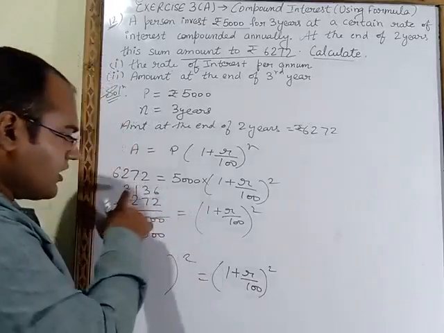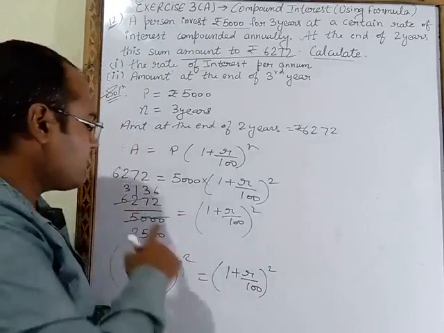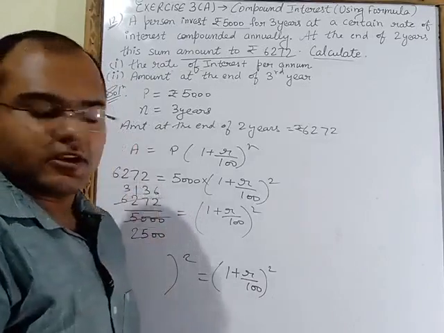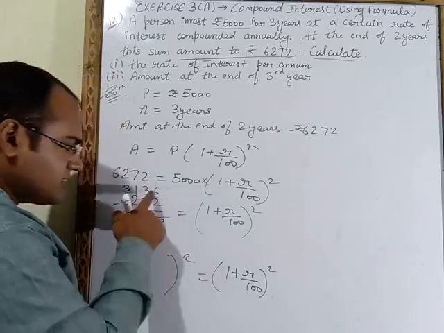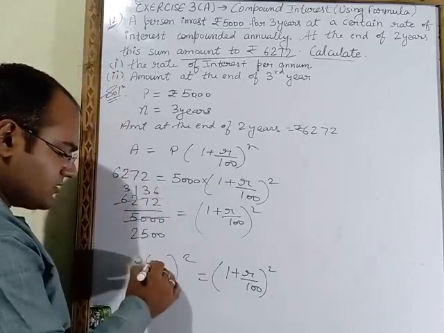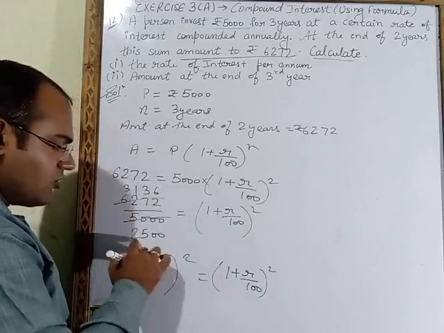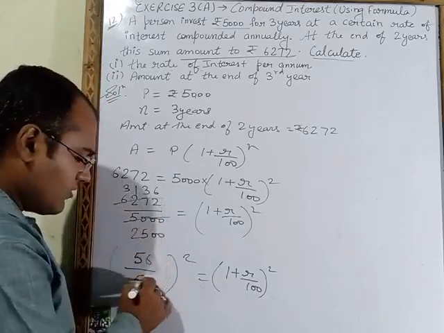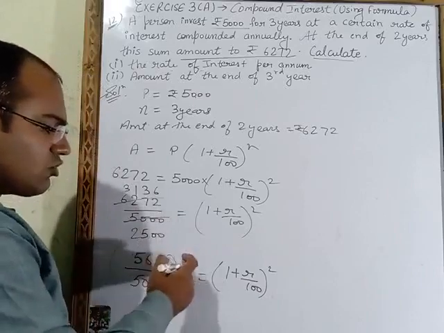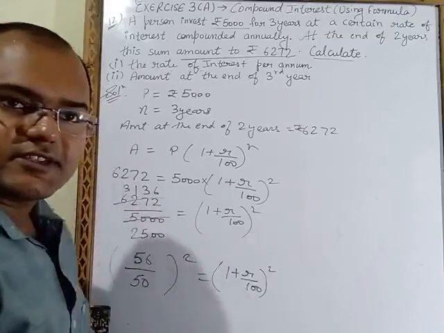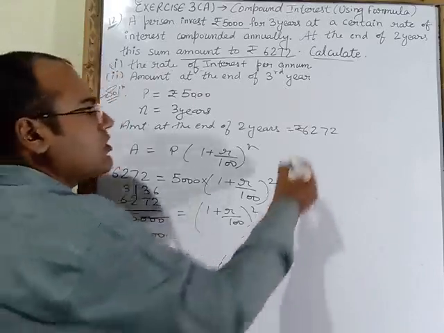Now 3136, if we find the square root of 3136, we will get 56. So this is the square of 56, and 2500 is the square of 50. Now what we will observe, on the left hand side it is a whole square, on the right hand side also it is a whole square. So what you have to do? You have to compare.